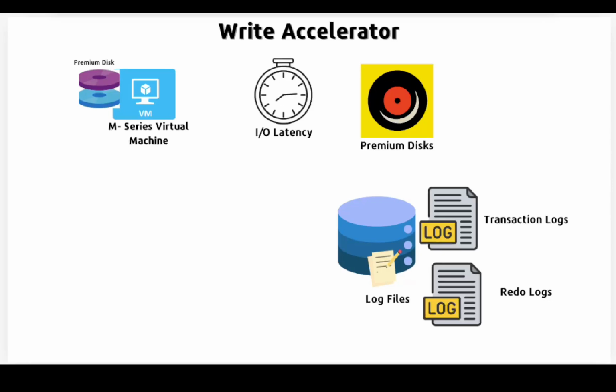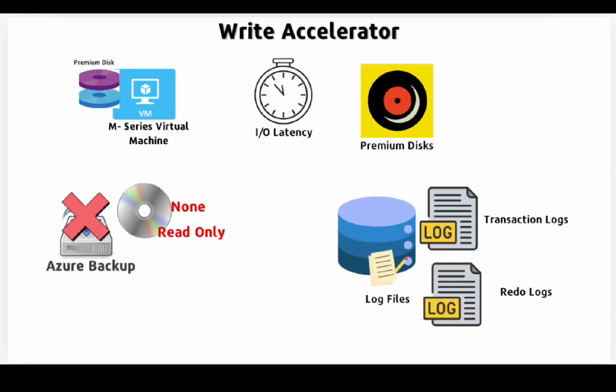Write Accelerator can only be used on volumes that hold transaction logs or redo logs, not data volumes. It's optimized for log writes only. You should keep that in mind. Before you jump in, some key constraints you should watch out for. Disk caching should be set to none or read only. Write Accelerator enabled disks do not support Azure backup, but don't worry, they'll restore as normal disks.